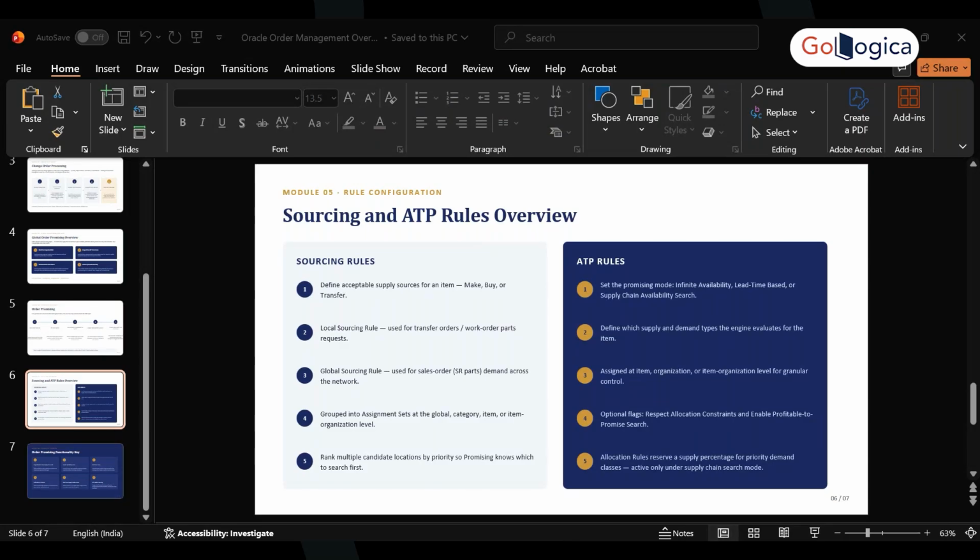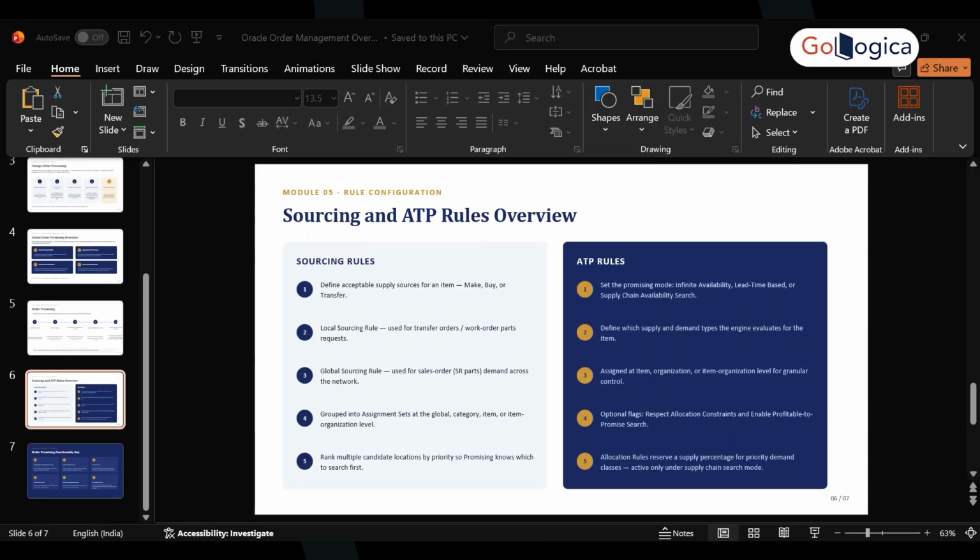And next one is the global sourcing rule. This is the second type, which is mostly applicable for the entire enterprise. It allows Oracle to search multiple organizations while fulfilling the customer demand. This type is mostly used for sales orders.